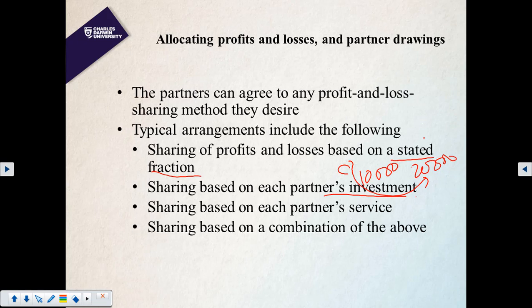If you have a $15,000 income or profit from here, he will get 5,000 and he will get $10,000, because his capital contribution is just double of the other one. Sharing based on each partner's service is possible as well, or sharing based on a combination of the above. So mainly we will be focusing on this part. It can actually be a combination of all of this.